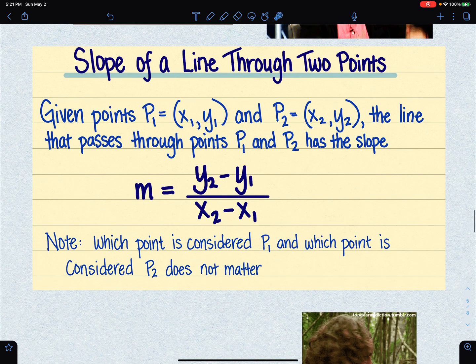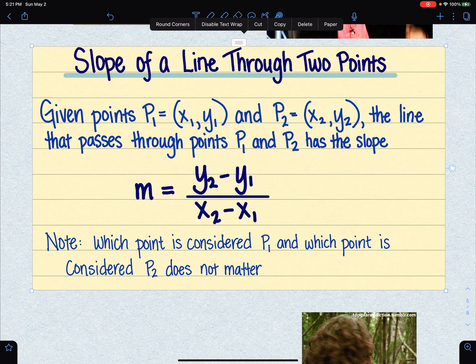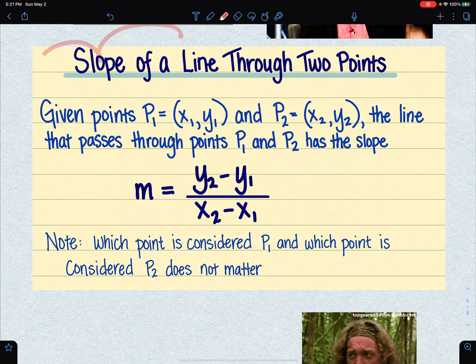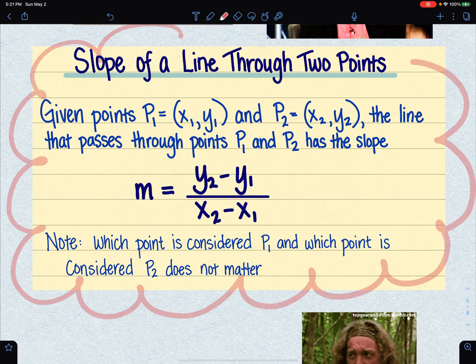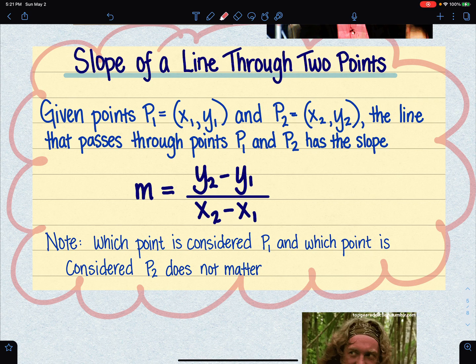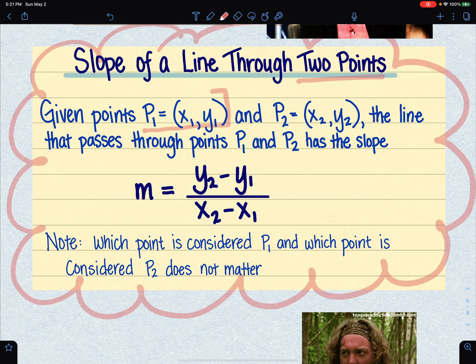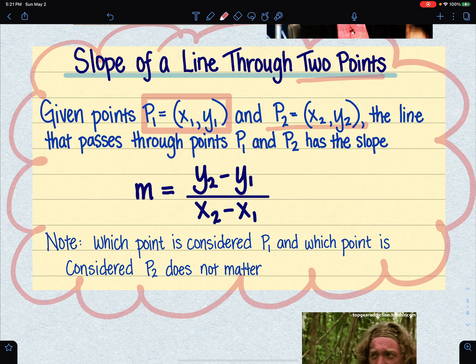And here's the mathematical part that you should remember. The slope of a line through 2 points. If you're asked to find the slope of the line between 2 points, the given points, point 1 is (x1, y1). Point 2 is (x2, y2).